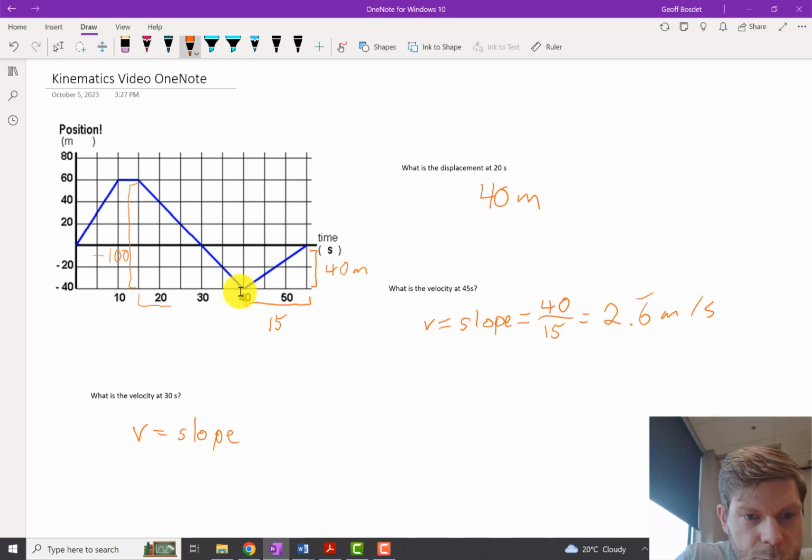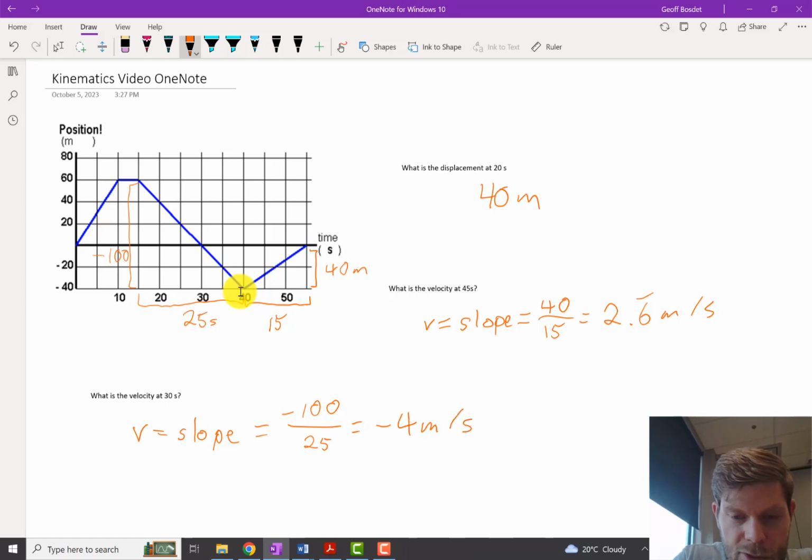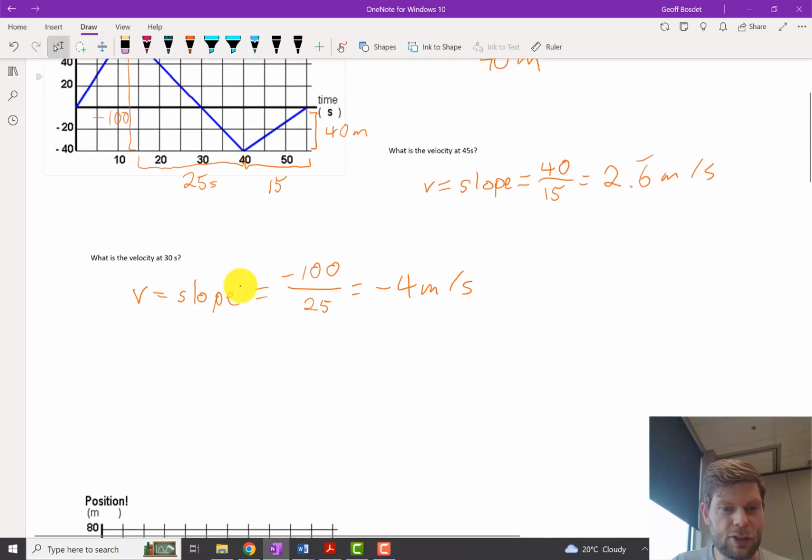And we went from 15 to 40 seconds, so that's 25 seconds. So my slope is negative 100 divided by 25. I have the same velocity at 30 seconds, 25 seconds, and 22.37 seconds. Everywhere along this line I have a velocity of negative 4 meters per second, or at least 4 meters per second in whatever direction I've decided is negative. And that's how we do this little bit.